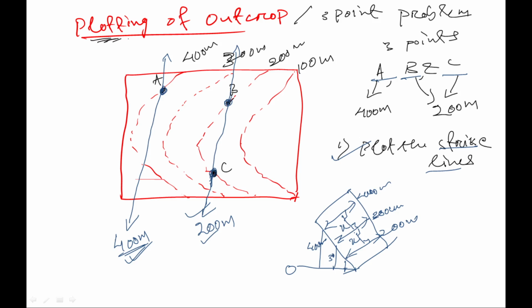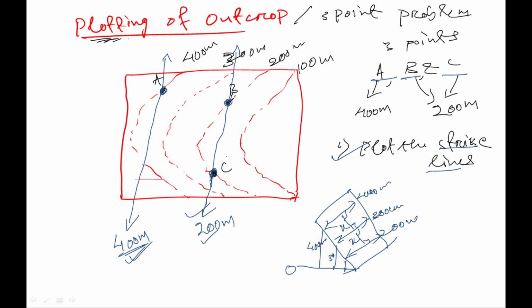The perpendicular distance between two successive strike lines will be constant for each strike line. That will be same for all, right? And they are parallel, because they are horizontal lines.